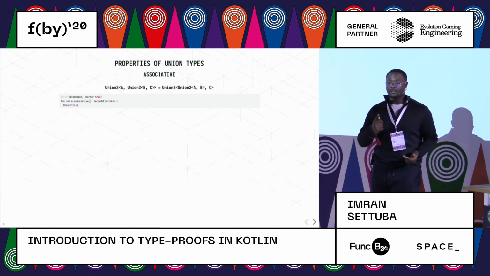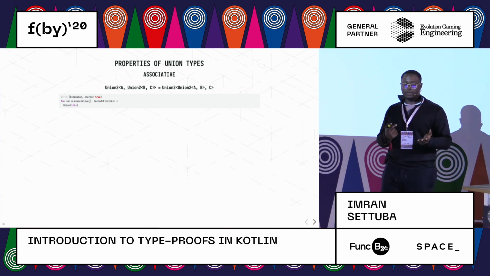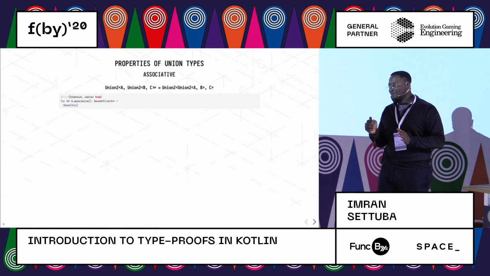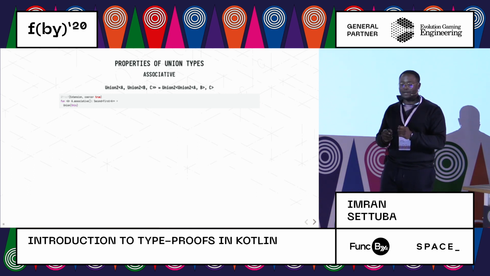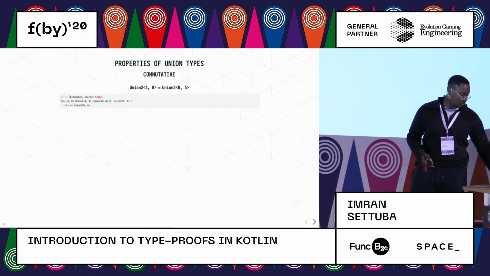Okay, I think everyone can read that. And associativity can be implemented simply through whenever the type A is the second of the first position, we can swap it out, and that's fine. We can also do the same thing with commutativity.